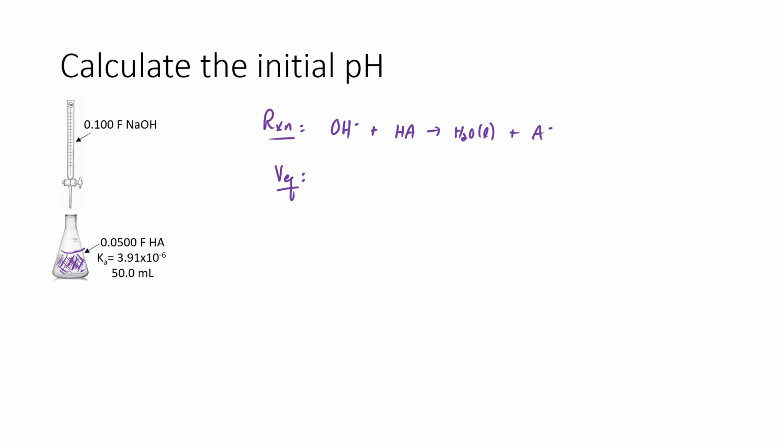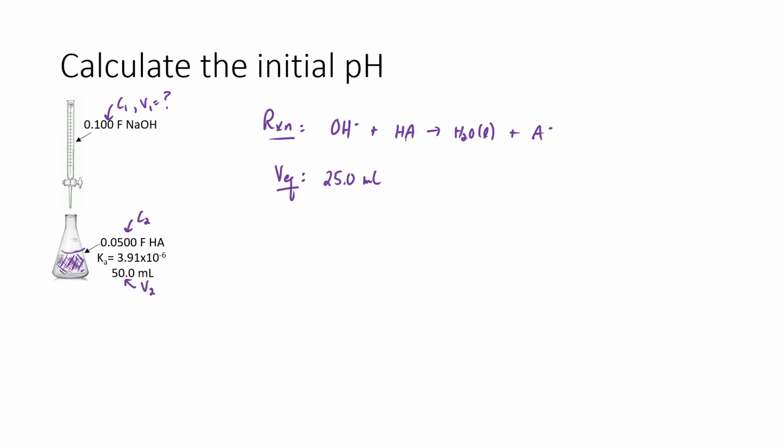You can see here that the OH- concentration is twice the HA concentration, so if we have 50 mL of HA, we would only need 25 mL of OH- to get the equivalence volume. Another way you could get the equivalence volume would be to use C1V1 = C2V2, solving for V1. That will only work if your stoichiometry is 1 mole to 1 mole.